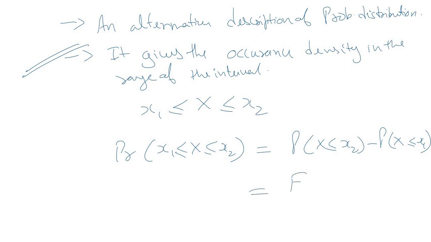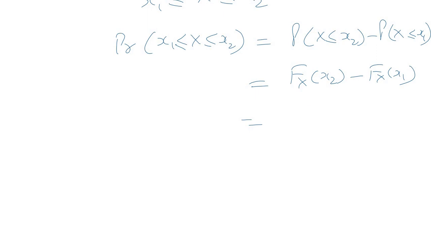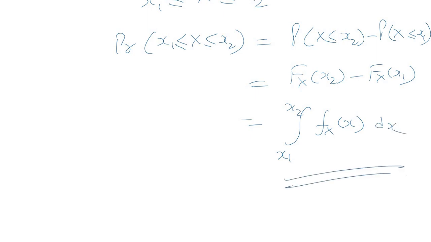And this is nothing but CDF at x2 minus CDF at x1, and that is nothing but the integral of the PDF over the range x1 to x2, right?